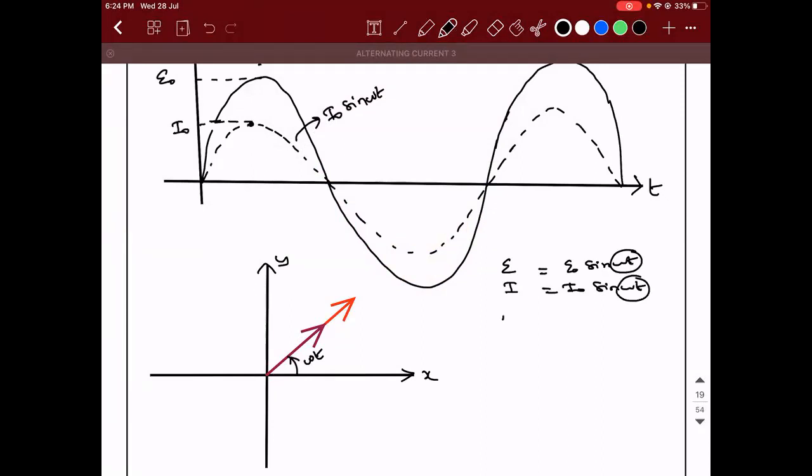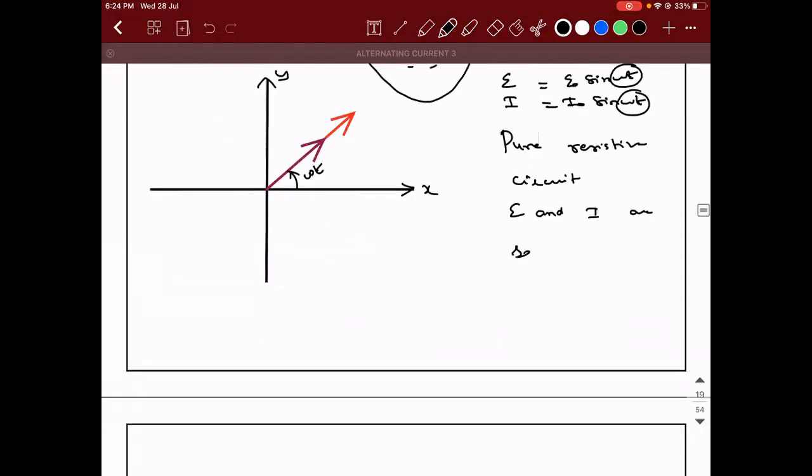Hence, across a pure resistive circuit, EMF and current are said to be in phase.